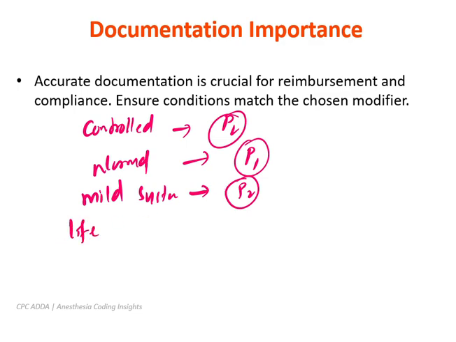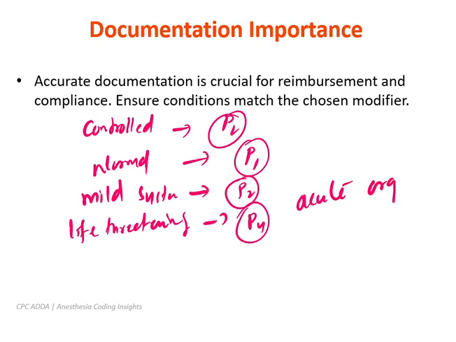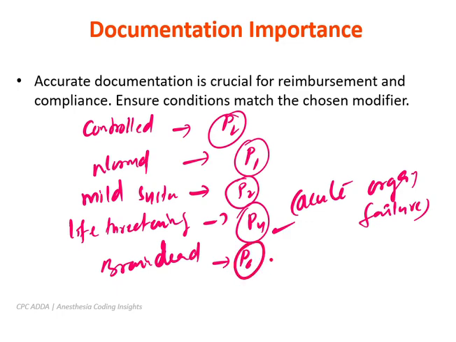If it is a life threatening condition, it is P4, that is constant threat to life. If there are some acute organ failures also, we can say constant threat to life. So if a patient has acute organ failure also, you can use modifier P4. Brain dead patient, we already saw, P6.